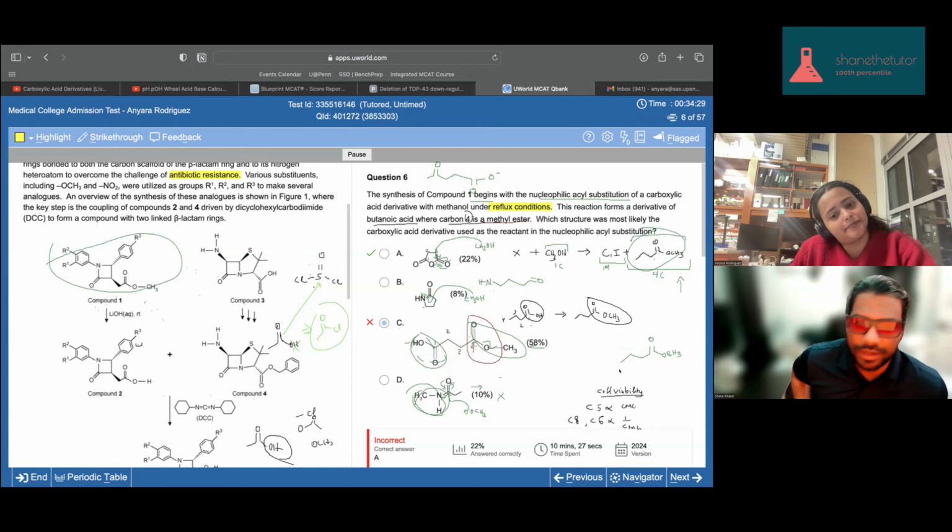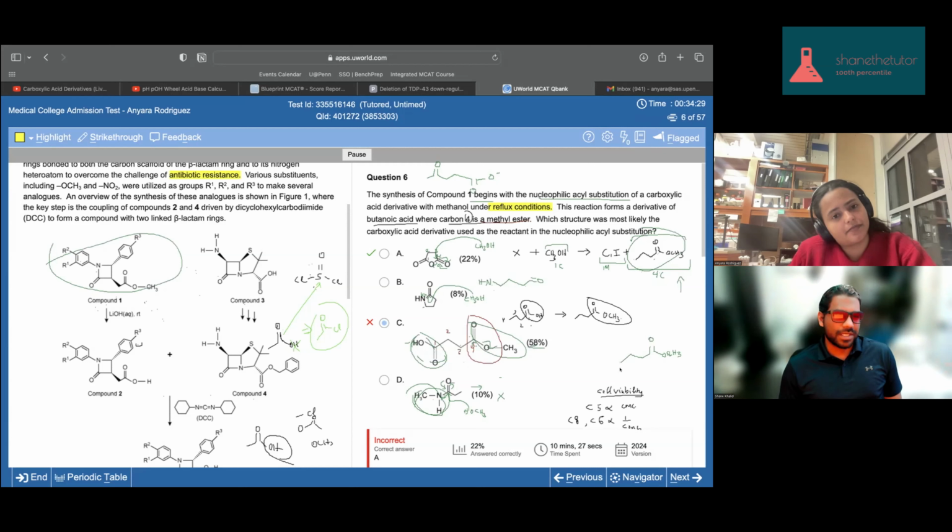So I think that's why most people chose that. I don't know why they would say carbon 4 is a methyl ester because maybe in this process it switches, but I'm not completely sure. But yeah, I understand why most people chose C.